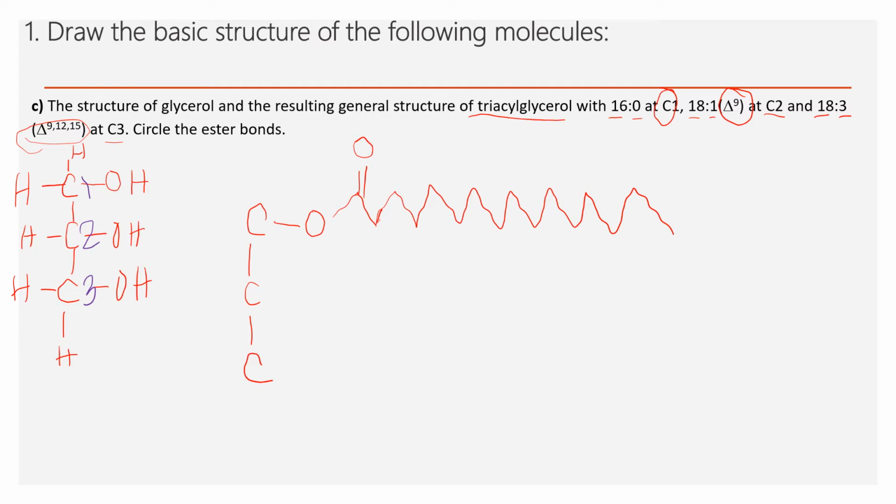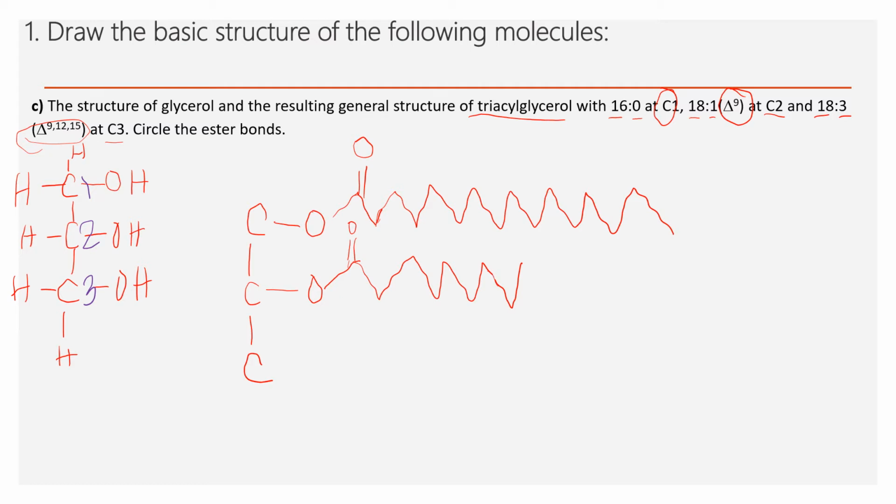The next one, let's draw our structure. It says 18 carbons, 1 double bond at location 9. So here's 1, 2, 3, 4, 5, 6, 7, 8, 9.